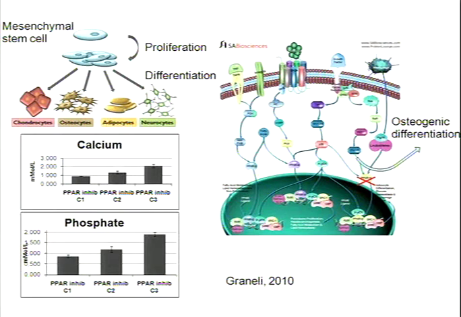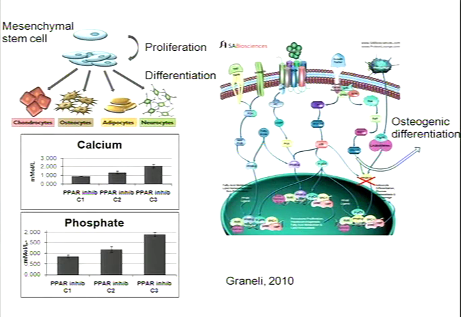So, what about this PPAR gamma, which is expressed in cells at the implant surface in bone? Let's inhibit that factor and see what happens. So that's what Cecilia Granelli has done in an in vitro system.